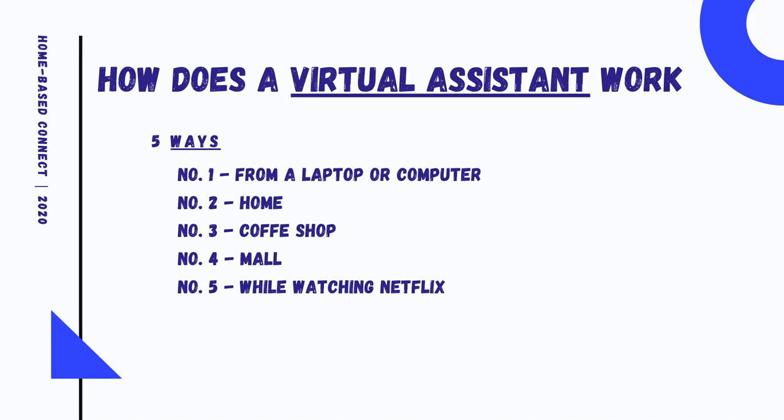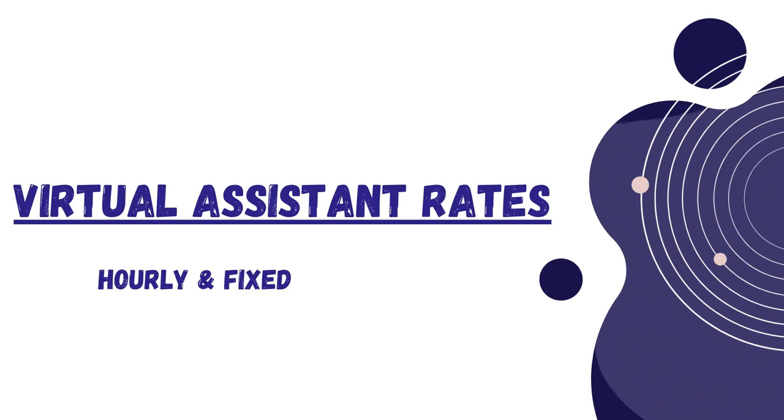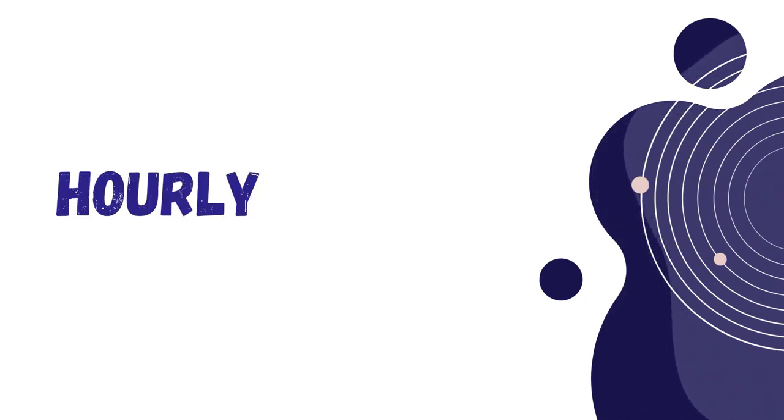So next natin is yung rates ng mga virtual assistant. So, kano ba talaga ang mga rates ng mga virtual assistant? Okay? So, may two types ng mga rates natin. May tinatawag tayong hourly and fixed. So, ang hourly, ito yung mga binabayaran ka ng mga boss mo per hour.